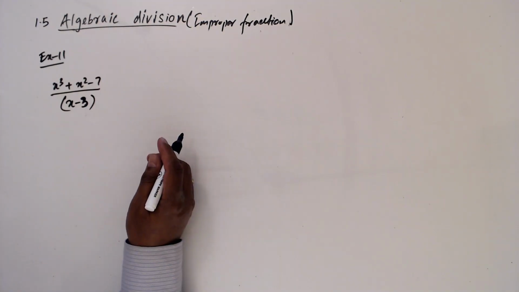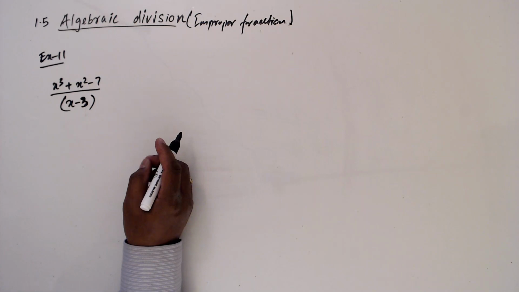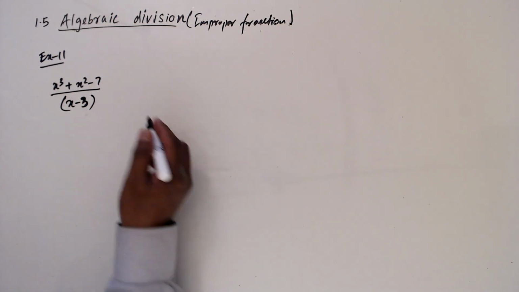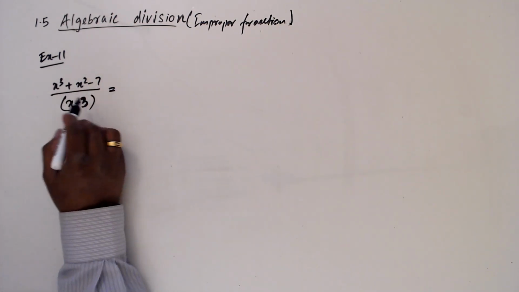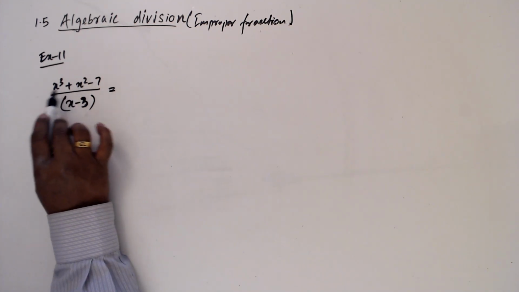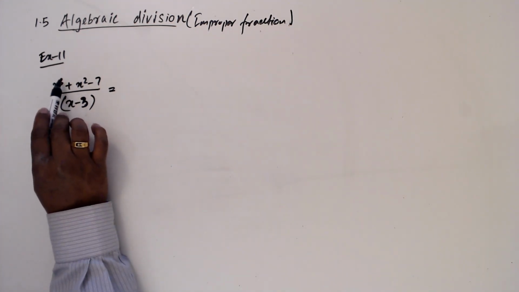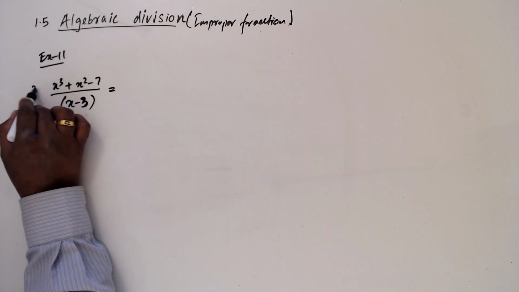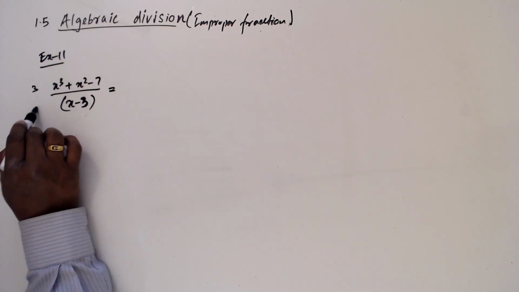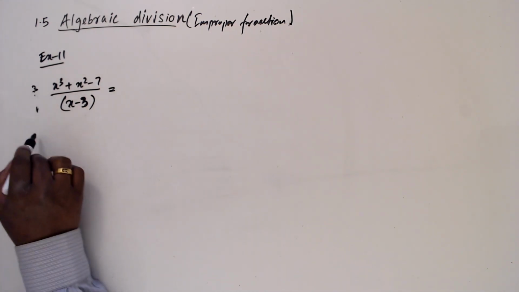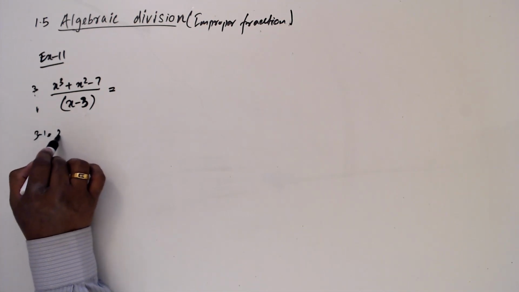Now let's discuss example 11 in the book. First of all look at whether this is proper or improper. You can see the degree here is 3 and the degree here is 1. So what is the difference? 3 minus 1 is 2.